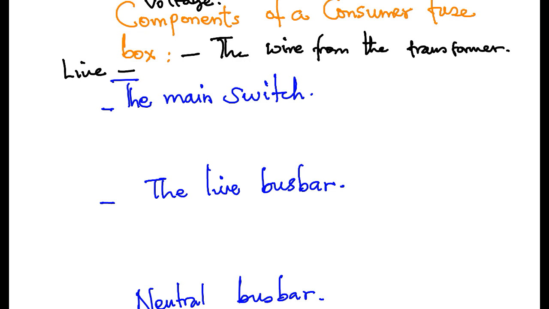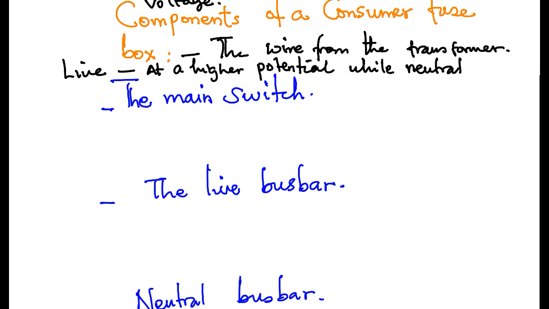Live wire is at a higher potential, while neutral wire is at zero potential.